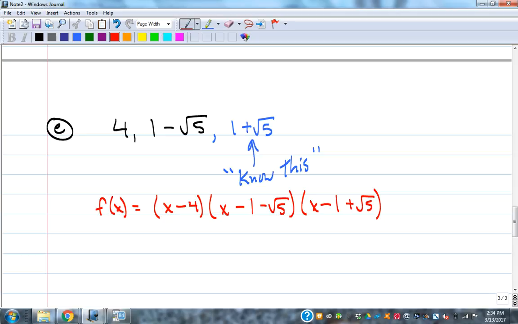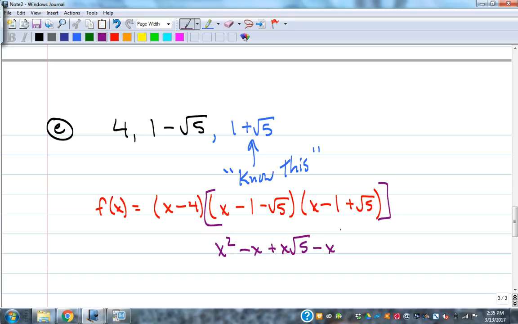I'm going to multiply these two together first, because they should match up, right? Okay, so the x minus 4 is just going to be waiting in the wings. We're going to get these two together. Don't overcomplicate it. Just do distributive property 3 times. X times all 3 of those. That's x squared minus x plus x radical 5. Then negative 1 times all 3 of those.